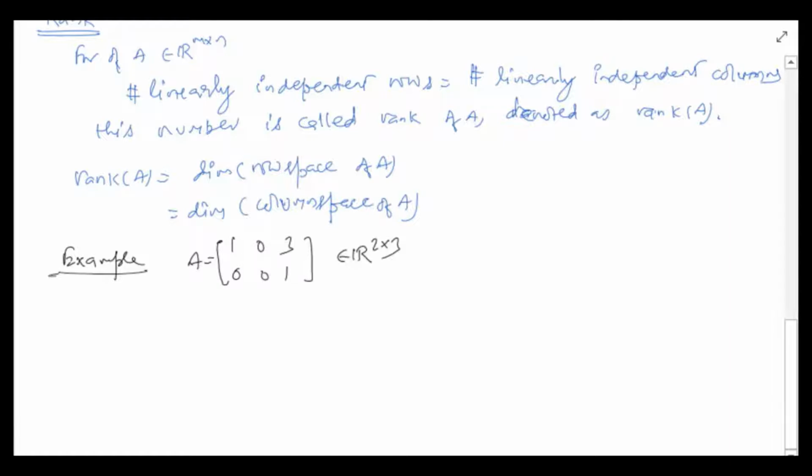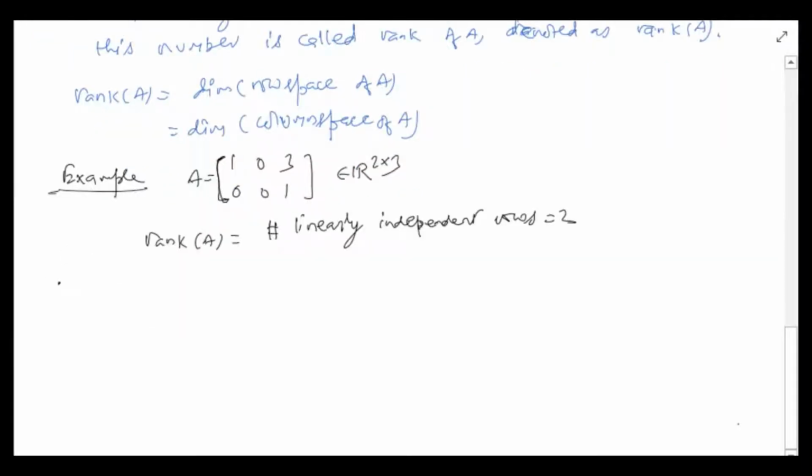There are only 2 rows and the 2 are linearly independent, and it can be seen that the number of linearly independent columns is also 2. So rank of A is 2, which equals the number of linearly independent rows, which is 2.